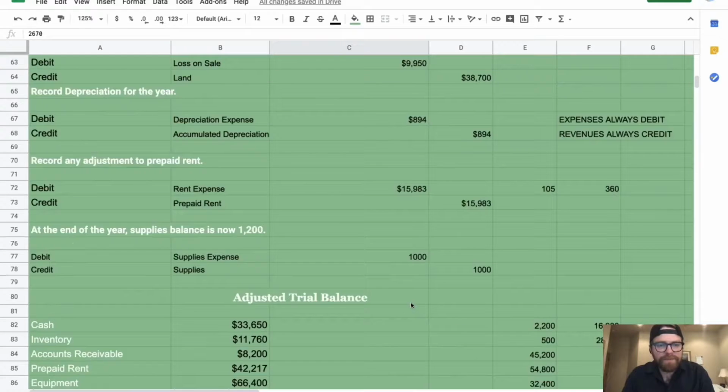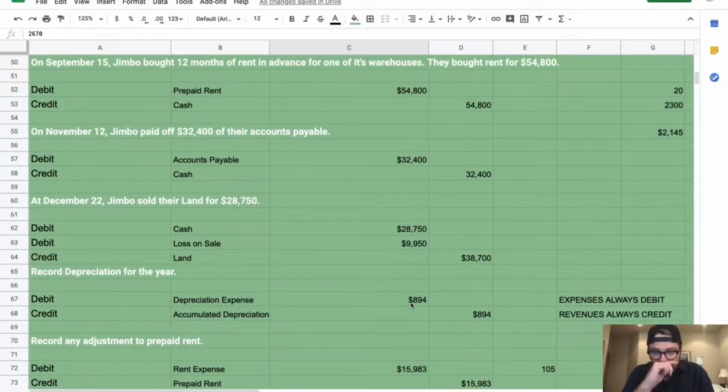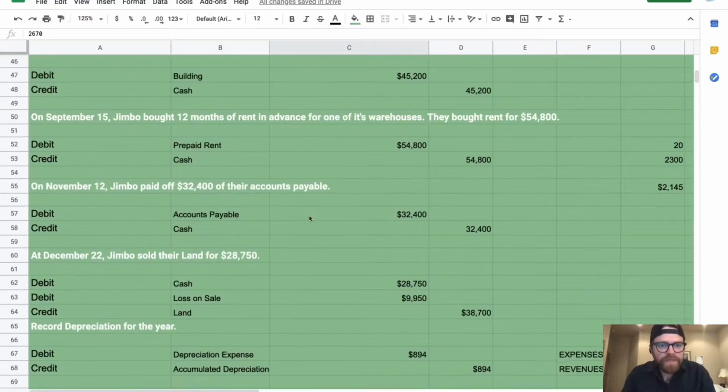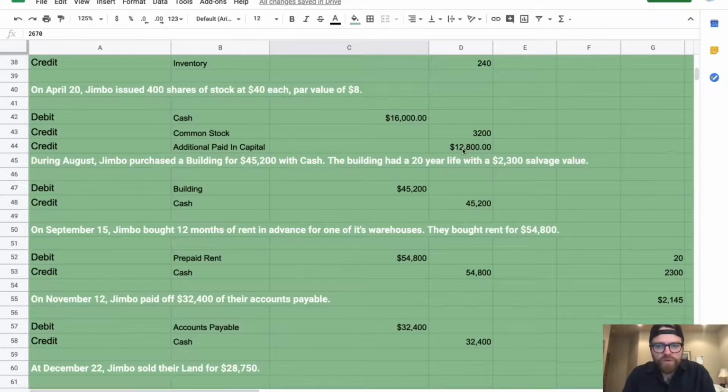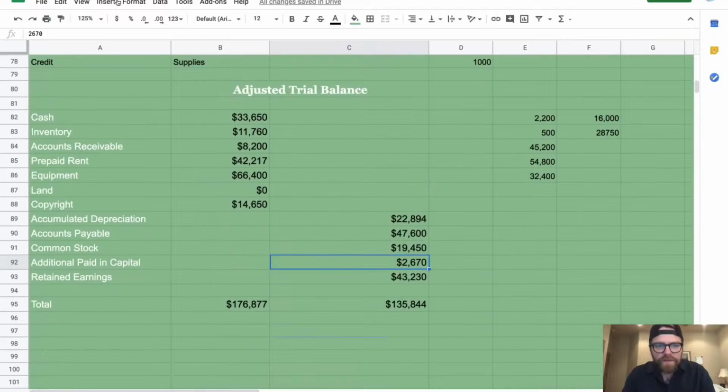Additional paid in capital. Well, we did have that up here for 12,800. So we do equals plus 12,800.